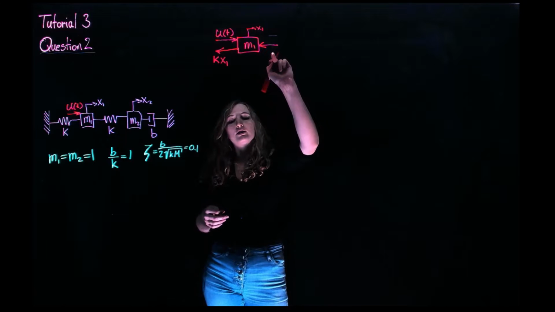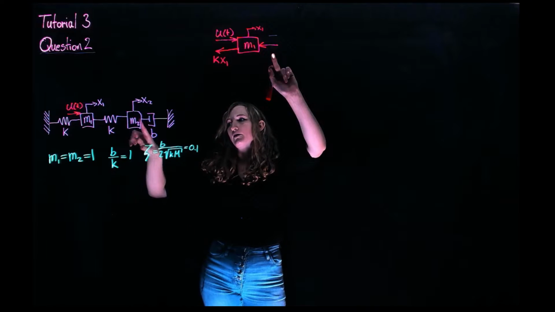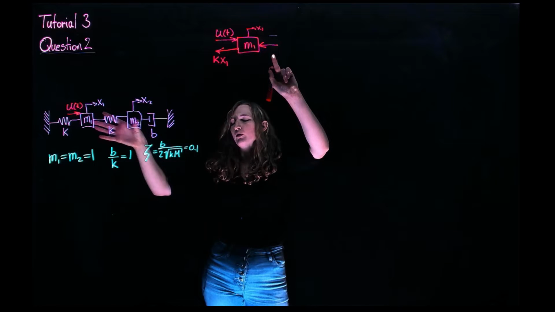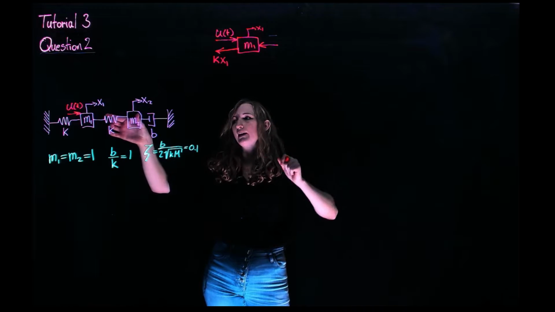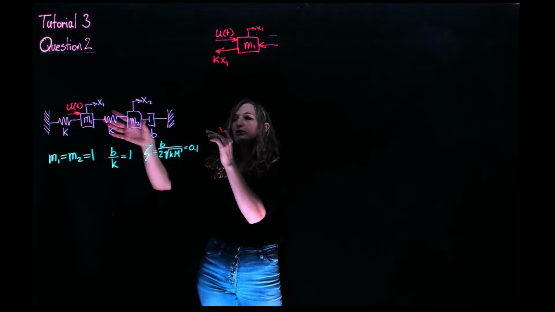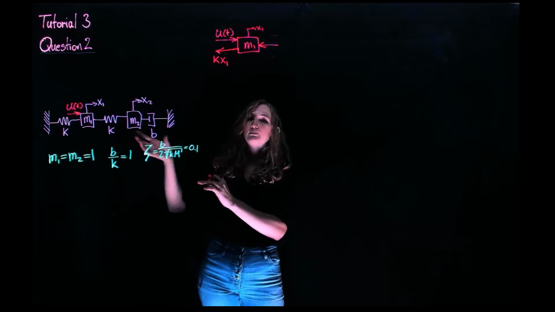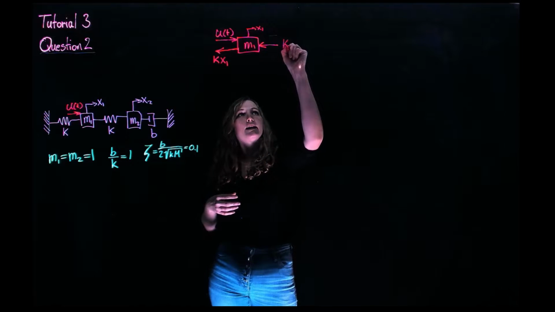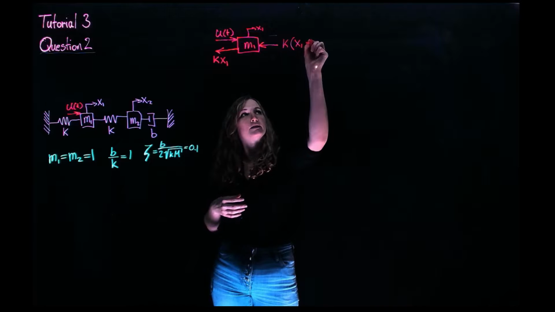And here we have to subtract the displacement of x2, right? Because when we compress the spring by x1, if x2 moves to the right a little bit, its positive direction, it would also obviously be compressed a little bit less than if we only had motion in x1. So we have k times x1 minus x2.